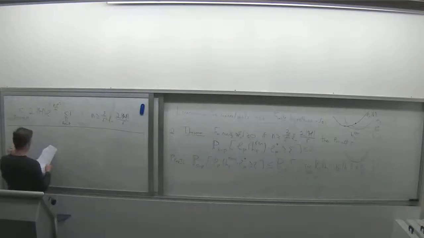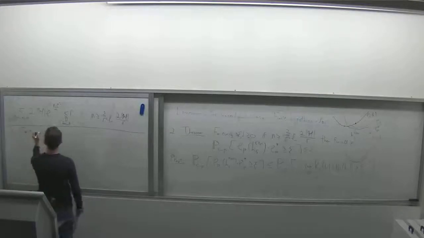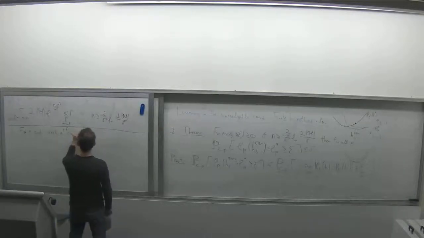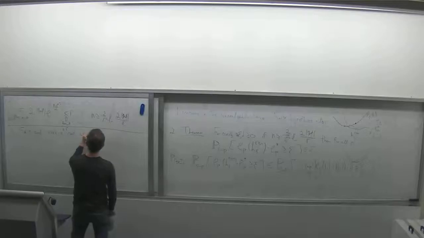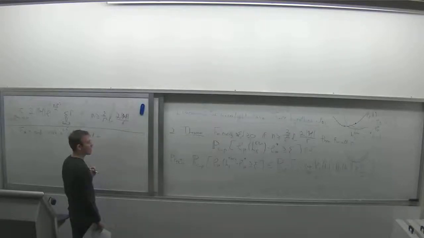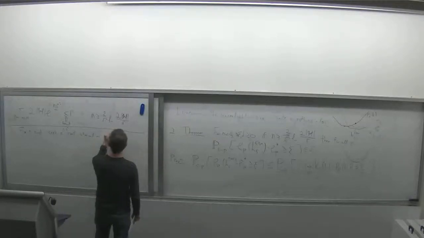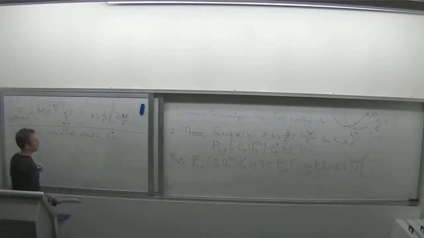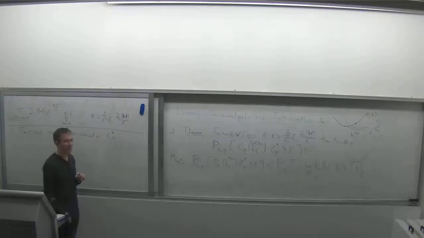So in 3, we'll fix n and fix a 1 minus delta confidence interval on the best, on E star P, essentially. So we're playing with epsilon.